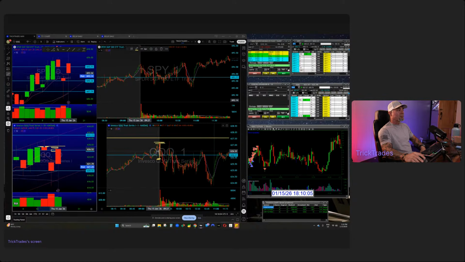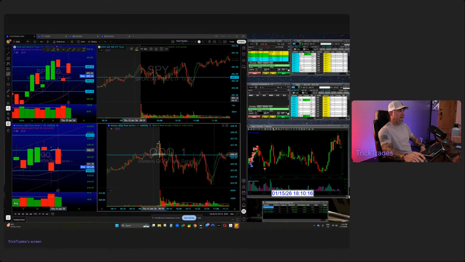So it's right into that resistance level. So it's kind of perfect. It opens up, it pops, and then washes down, barely breaks this level.